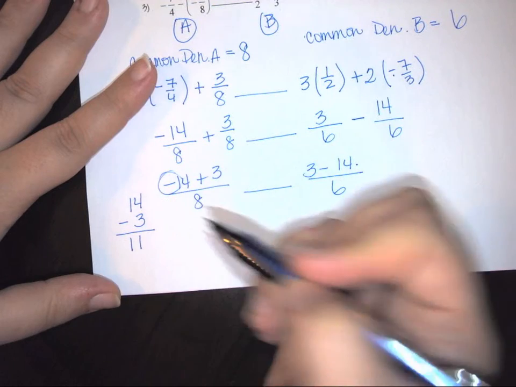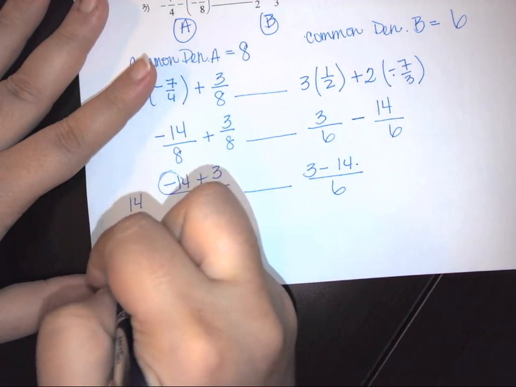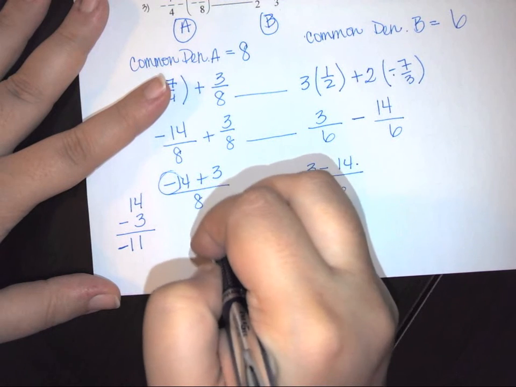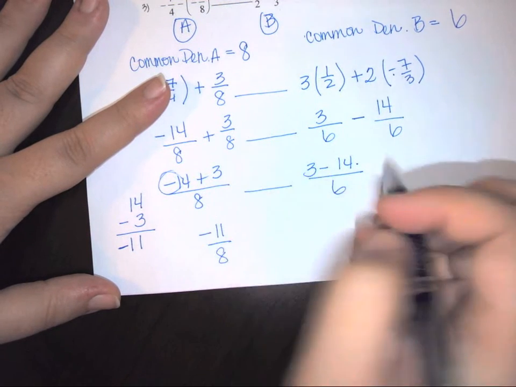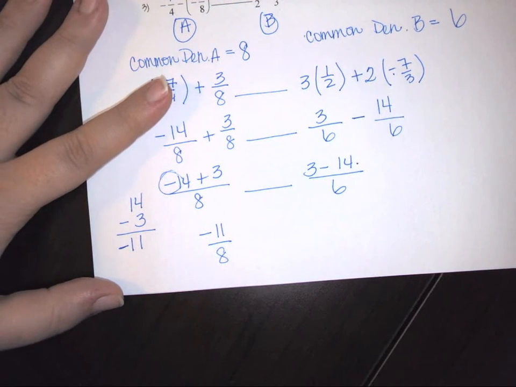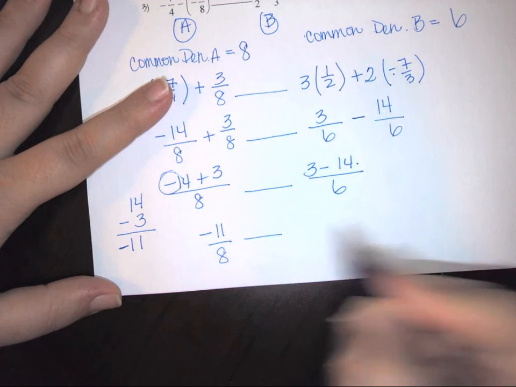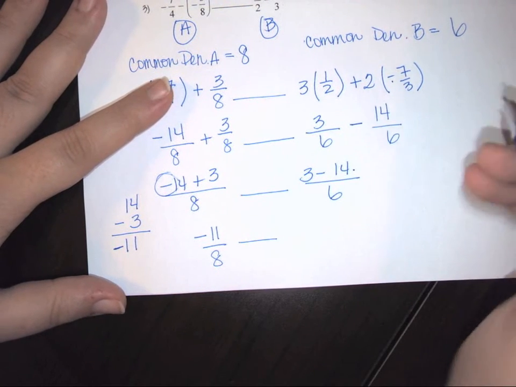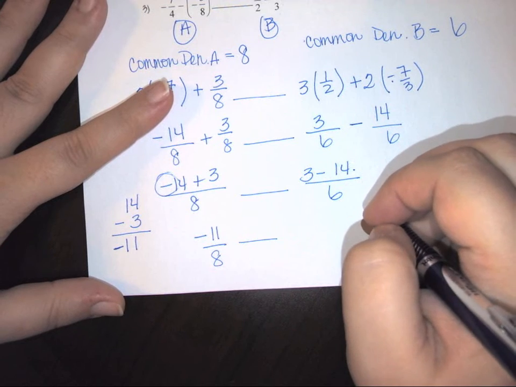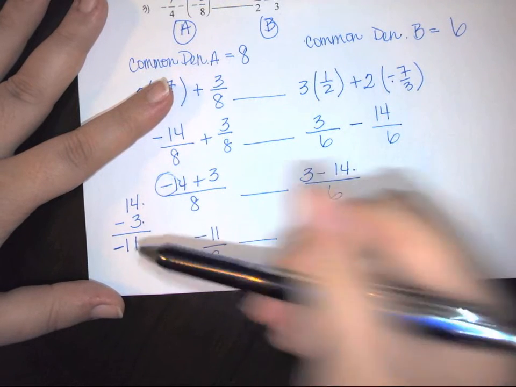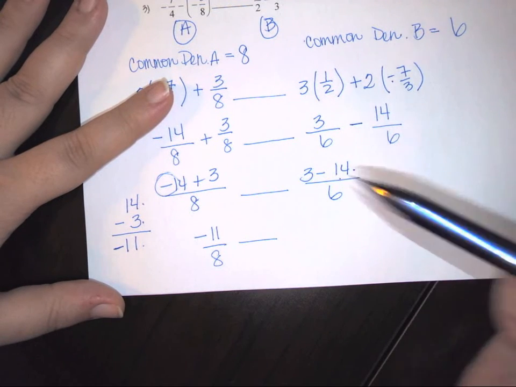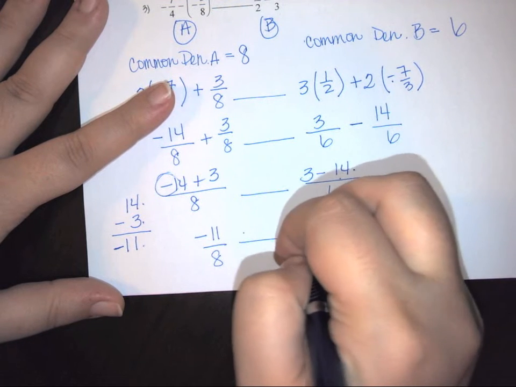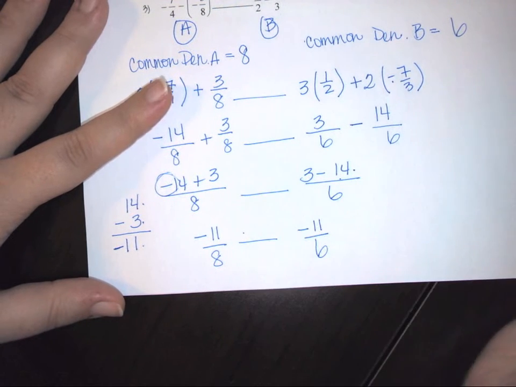Because my 14 here had a negative sign and it was bigger, my sign is negative. So this is actually negative 11 over 8. And then on the other side, I have 3 minus 14. So again, 14 minus 3 gives me 11. My 14 is negative, therefore this is going to be negative 11 over 6.